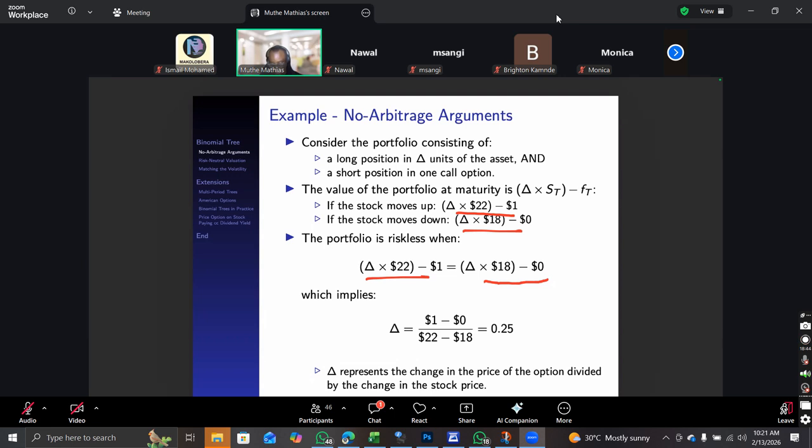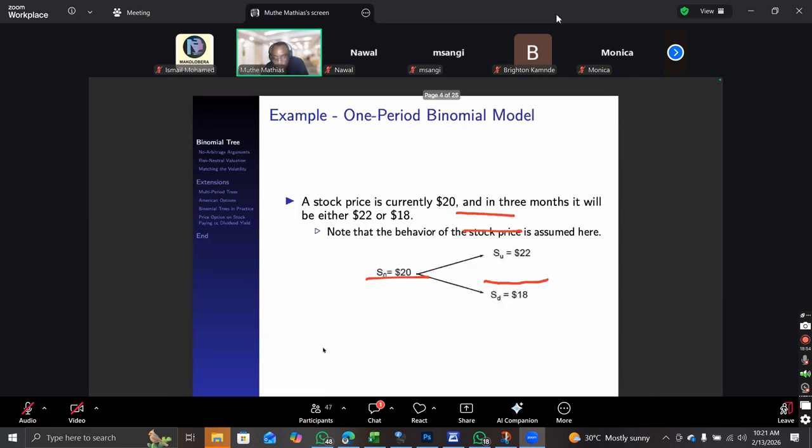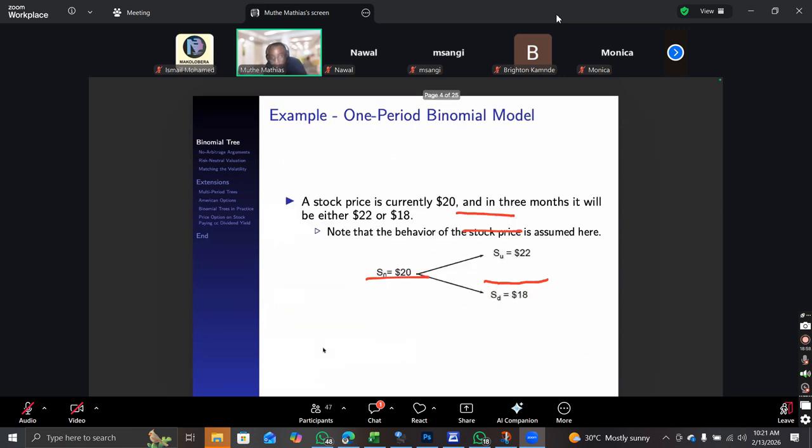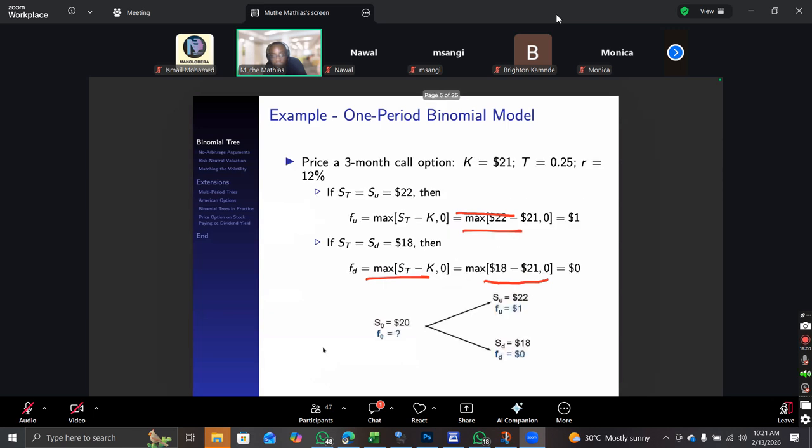Okay, and I'm not subtracting, so I have already used the strike price here. So let me take you back here. What I've done here is I've said you can have two scenarios.